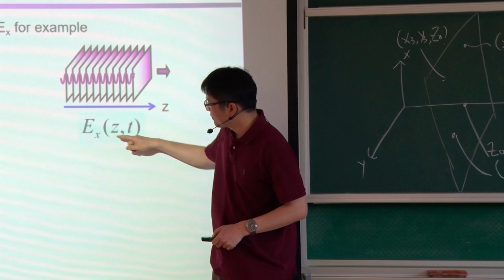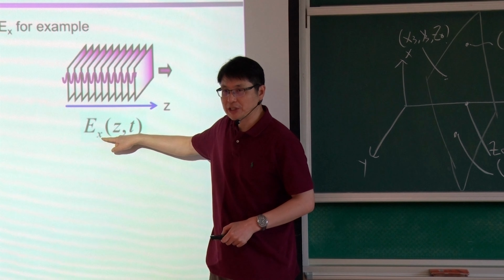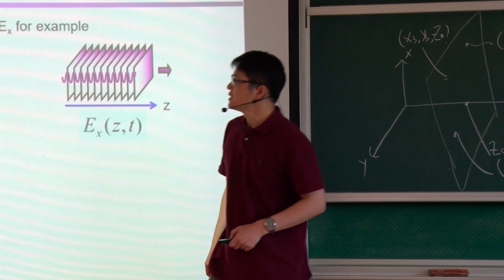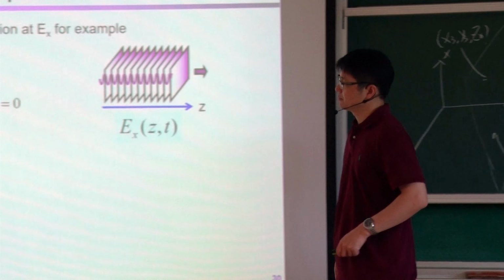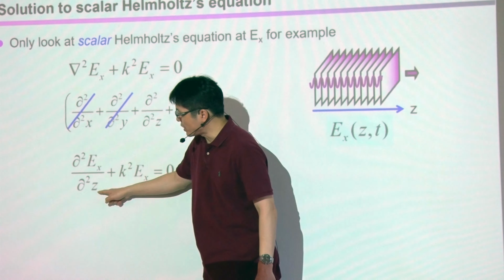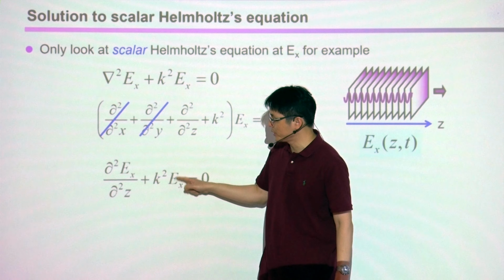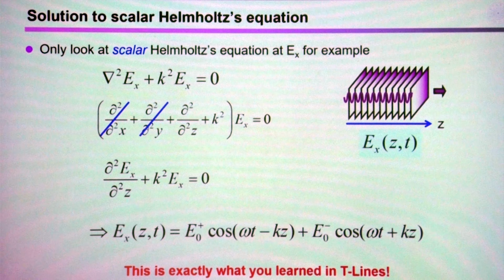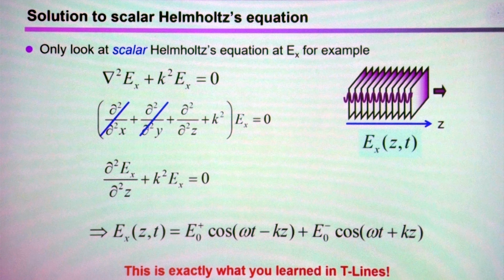So for this plane wave, the E field is oscillating in the x direction, but it is only a function of z. So basically, you don't have to care about these two. The equation is reduced to partial differentiation with respect to z twice of Ex plus k squared times itself is equal to 0. And that solution form was already covered in the beginning of our class.